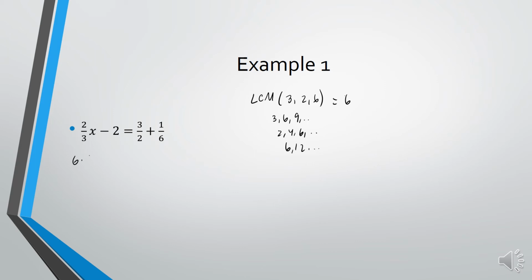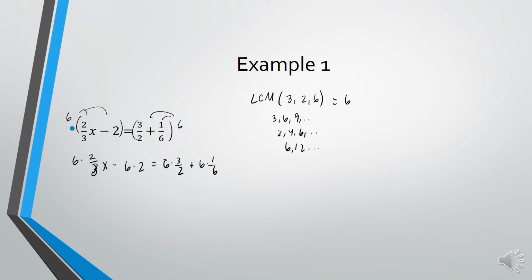So 6 times 2/3 x minus 6 times 2 equals 6 times 3/2 plus 6 times 1/6. What we're doing, and maybe this isn't obvious, is we're multiplying the left side by 6 and then multiplying the right side by 6. And when we do that, we have to distribute.